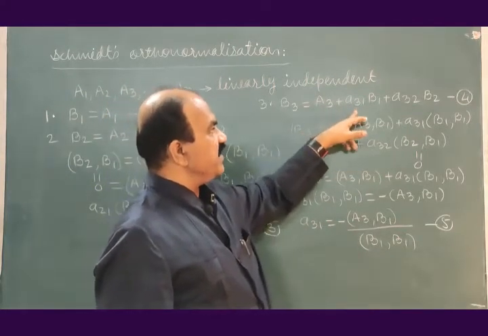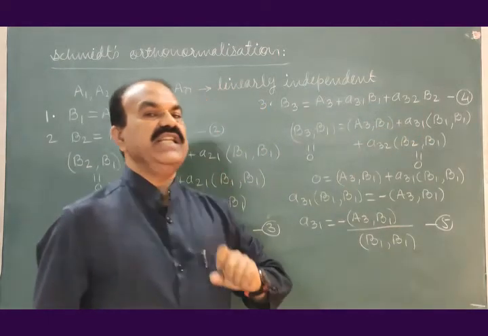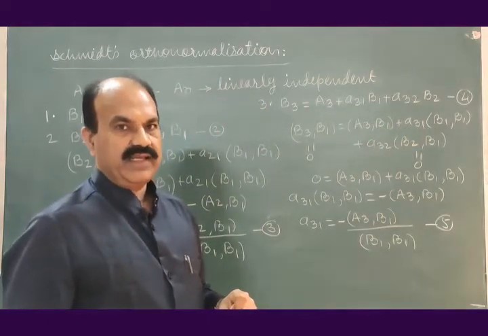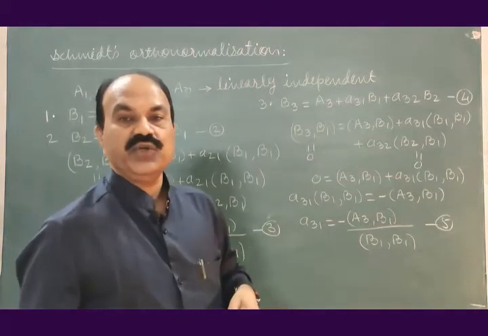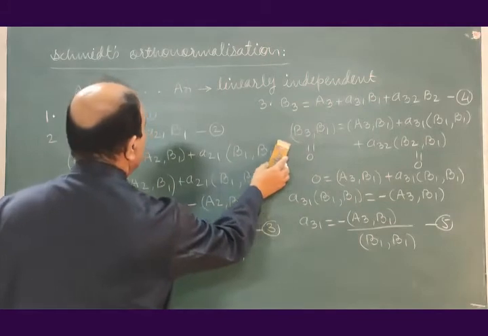Now a3 known, a31 known, b1 known, b2 known, a32 is still not known. Let us find a32. To find a32, what we have to do?